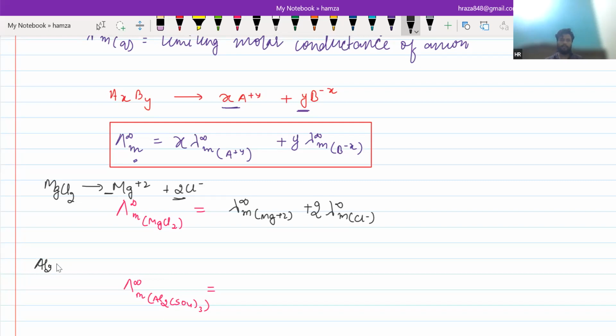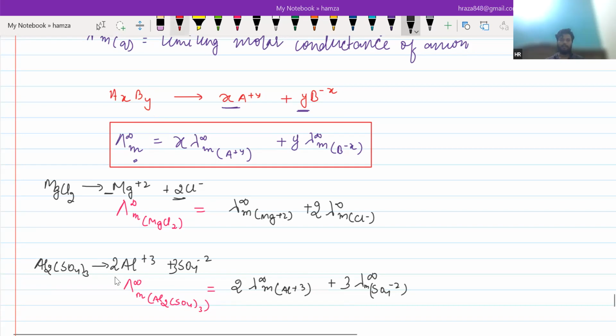Now Al2(SO4)3. If you dissociate it, you will get Al plus 3 and SO4 minus 2. And for balancing, you need to multiply it by 2 and 3. Now lambda infinity m of Al plus 3 and there are 2 moles, so multiply it by 2. And again lambda infinity m of SO4 minus 2, we need to multiply it by 3 because there are 3 moles. Very good. So this will be your answer.